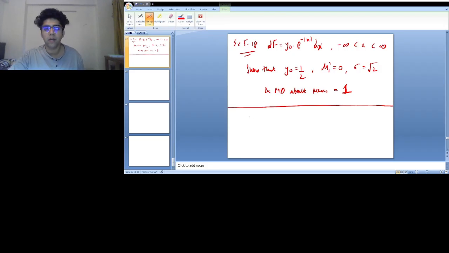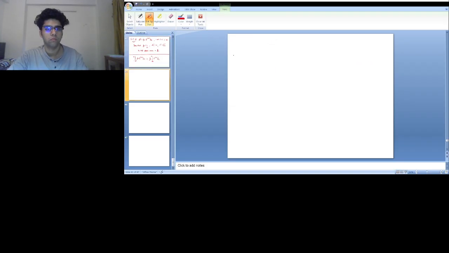So firstly, for finding y naught, I need to integrate the PDF over the limits minus infinity to infinity, taking out y naught from the integral because it's a constant term. Let me write f(x) is equal to e to the power minus mod x.